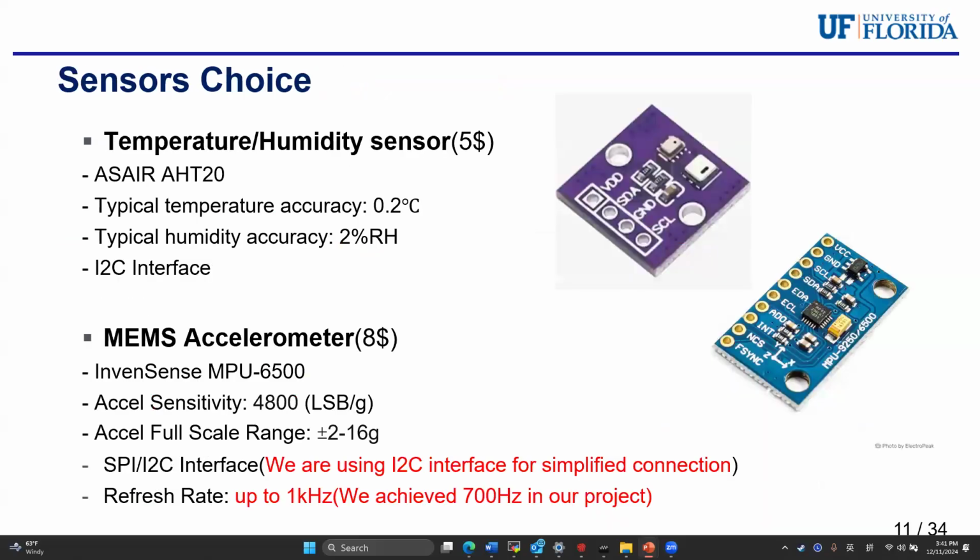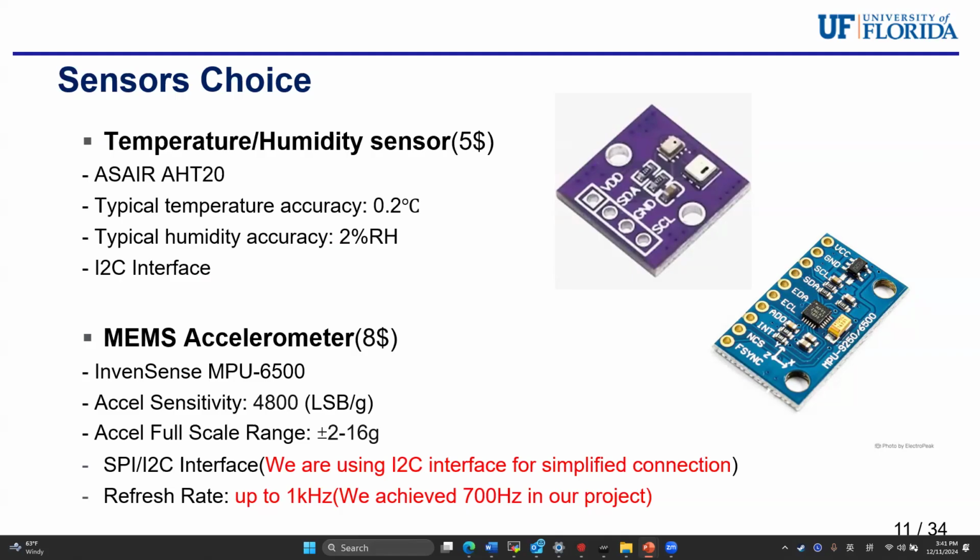The reason why we are choosing the MPU6500 as our accelerometer is that it has a wide range of acceleration full scale and very high accuracy.